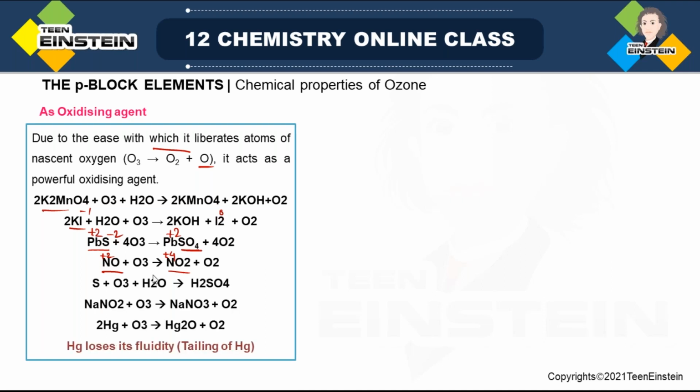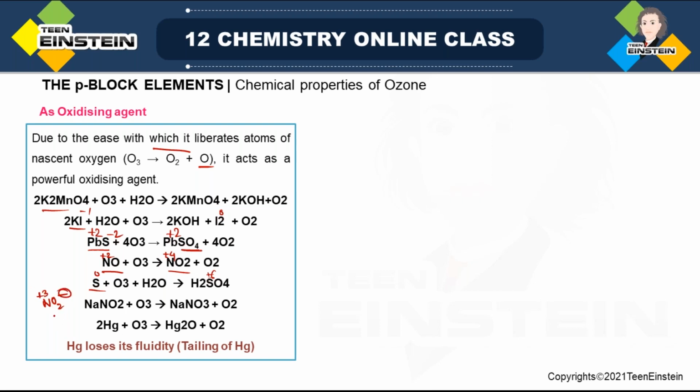Some more examples. Directly if we take sulfur, then it is converted to H2SO4. So from 0 oxidation state, now it is +6. Then NaNO2, that is sodium nitrite, which contains the NO2- ion. Here the oxidation state of nitrogen is +3, because the overall charge is -1.